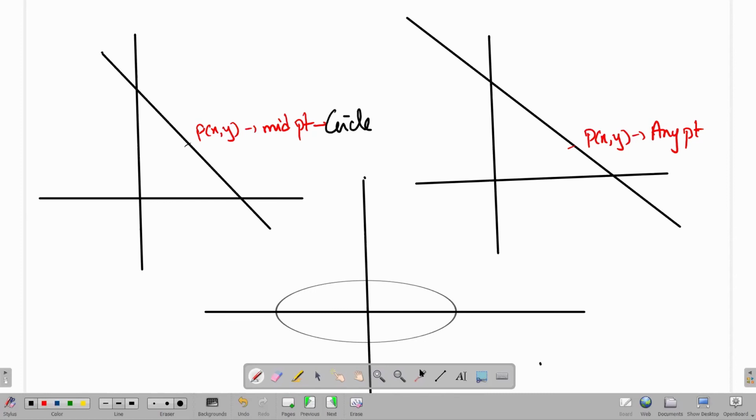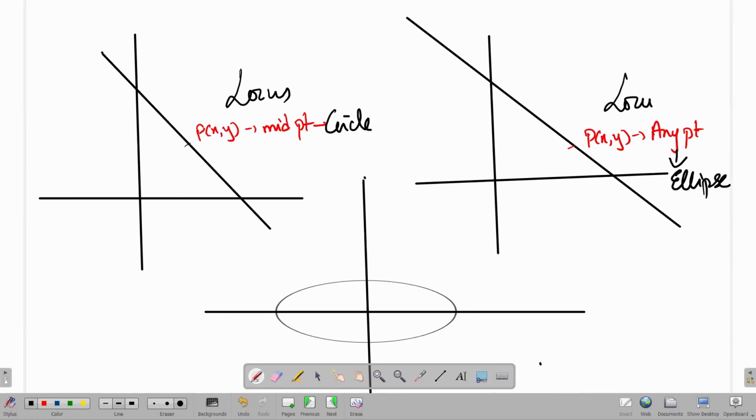But if a rod or a ladder is lying against a wall, and the diagram is like this, and you have to find the locus of any point on this rod or any point on this ladder, so this is any point, then in this case we will obtain an ellipse. So these are questions of locus.